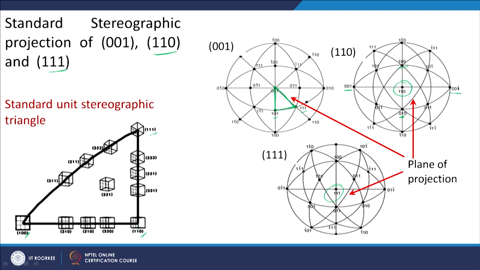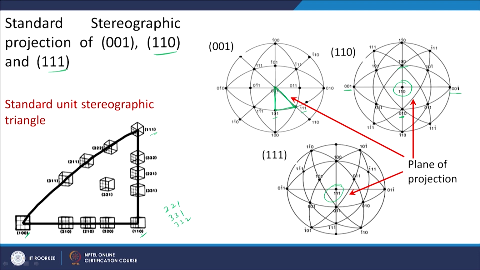Between any 1 1 0 and 1 1 1 type, you can again do a vector addition. So, 1 plus 1 is 2, 1 plus 1 is 2, and 0 plus 1 is 1. So, 2 2 1. So, either it can be 2 2 1 type or 3 3 1 type or 3 3 2 type and so on, depending upon the location of the pole, whether it is closer to 1 1 1 or away from it, or closer to 1 1 0.